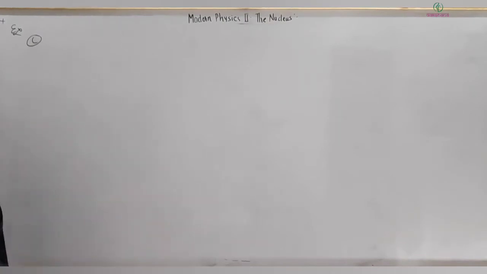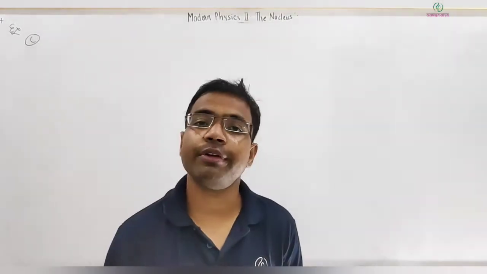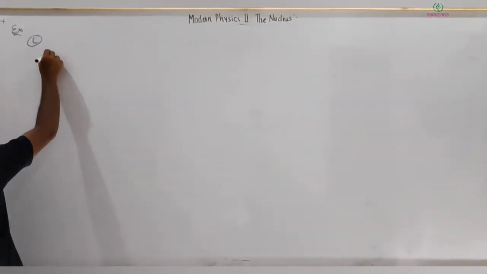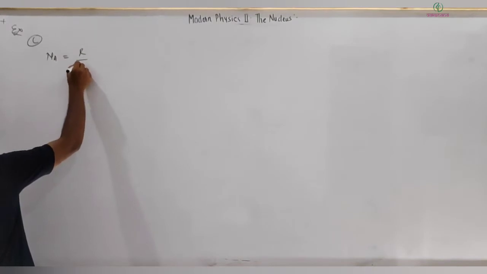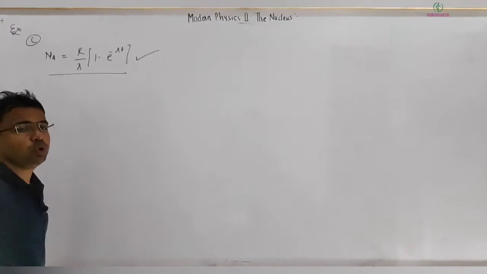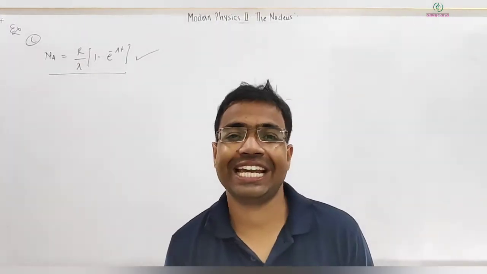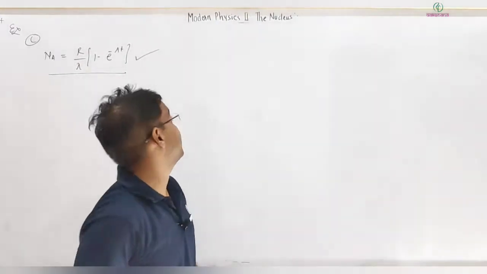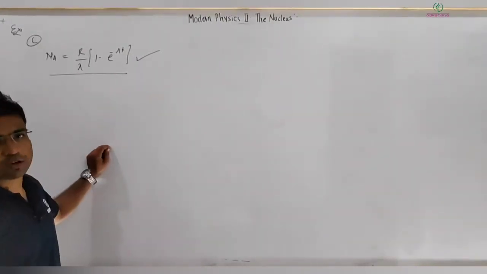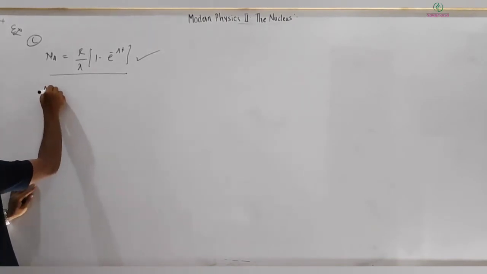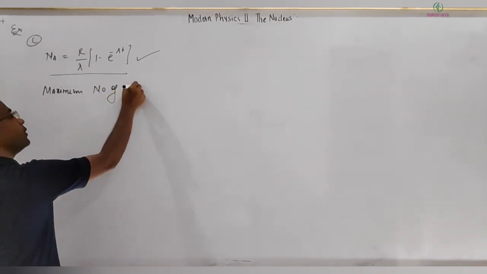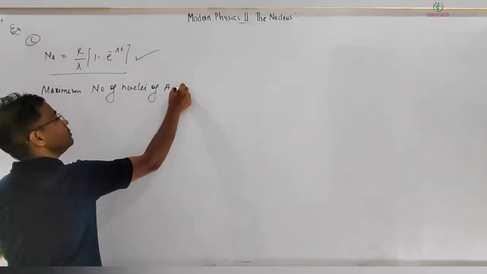Here it was asking for the maximum number of nuclei of A present at any time. I calculated NA is equal to R divided by lambda (1 minus e raised to power minus lambda t). This is the number of nuclei of A present at any time t. We need to find its maximum value, so you can go with the simple maxima minima approach.